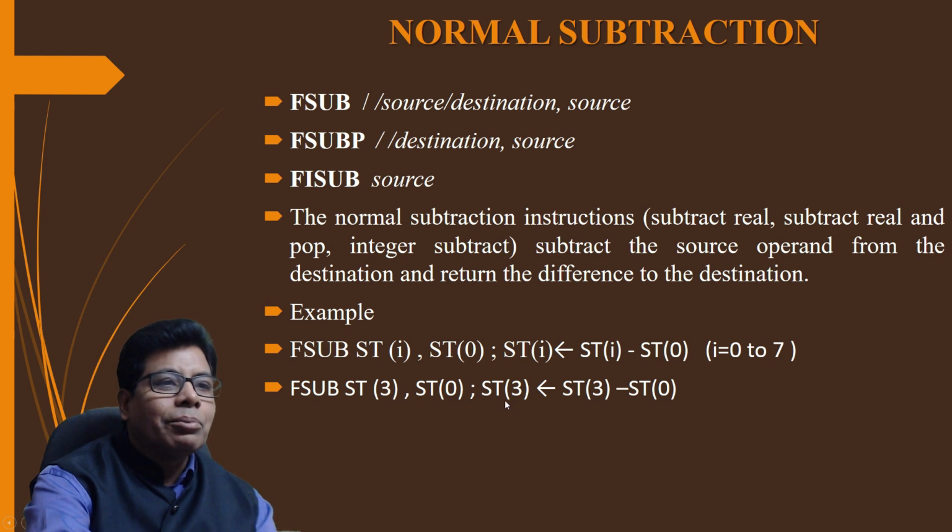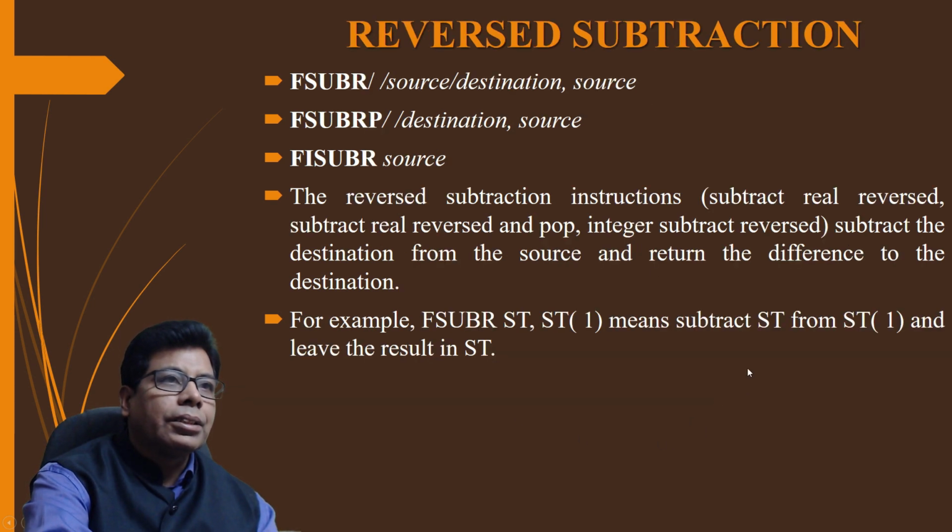So this is nothing but an element on the stack data registers, depending on the value of the index. Always ST0 will represent the stack top and this is another register from the data registers. In this way we can understand the instructions.